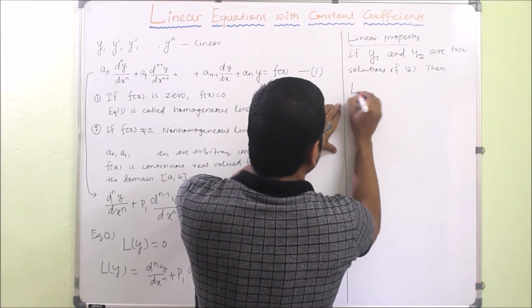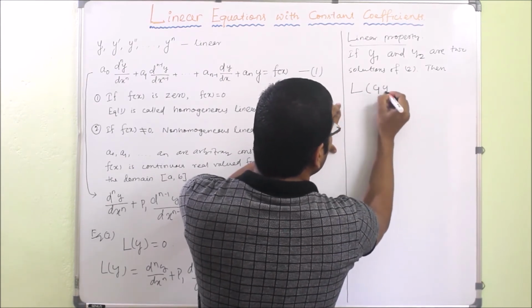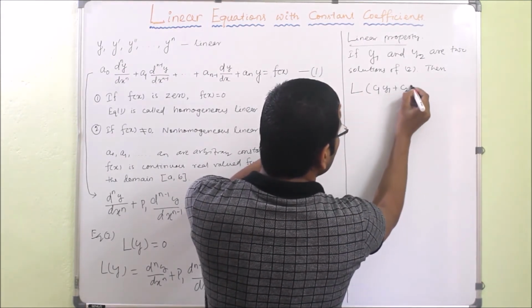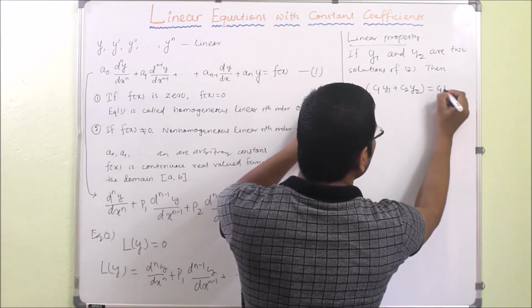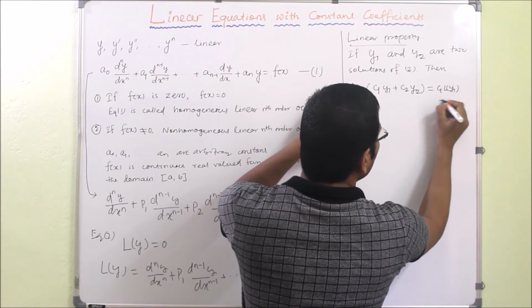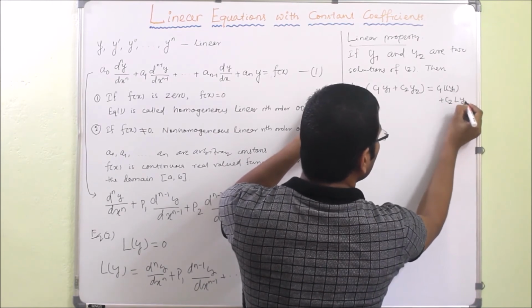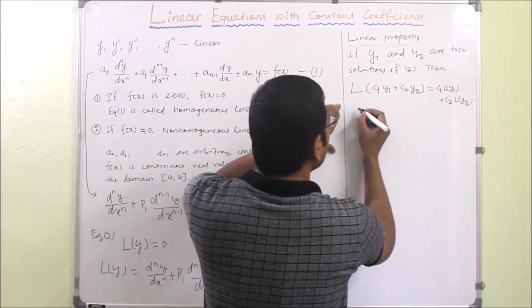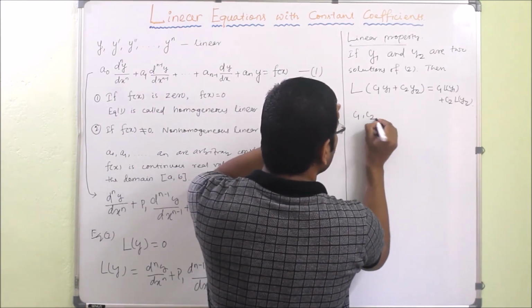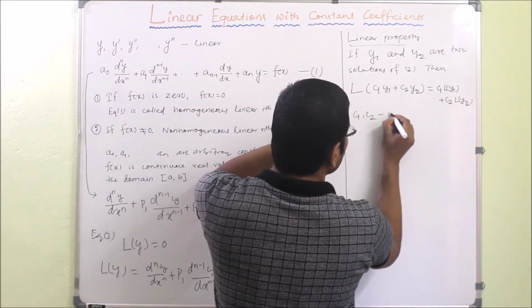We can write L of C1 y1 plus C2 y2 equal to C1 L y1 plus C2 L y2. Okay, clear? Now how to prove? And C1 and C2 are constants.